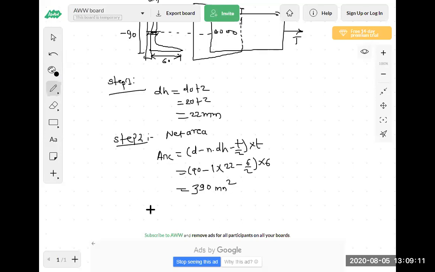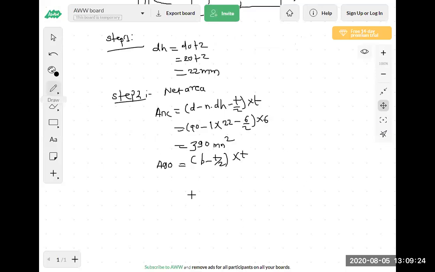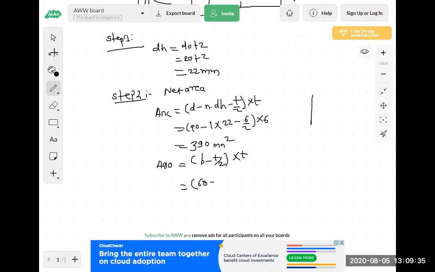So I'm writing first. And AGO we have calculated, that is B minus T by 2 into T. So B is 60, because here the width of the outstanding leg is 60. 60 minus T by 2, into 6, is equal to 342, correct?